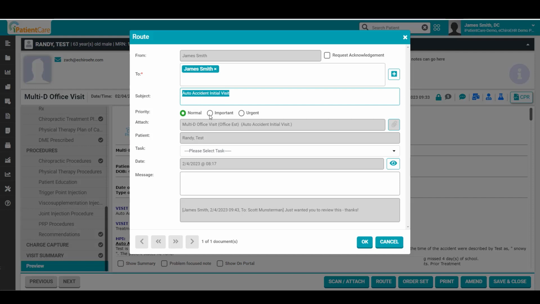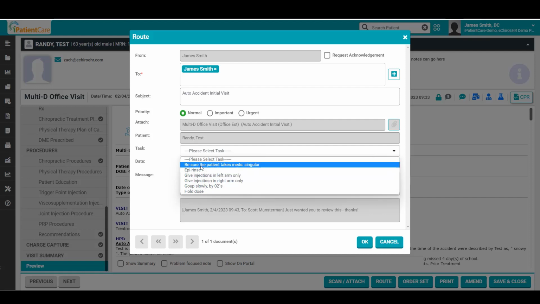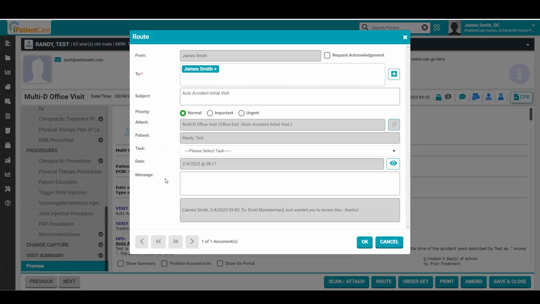We can distinguish if it's normal, important, or urgent. We can identify a specific task that we may have programmed in the system. And then finally, we can go ahead and create a message. And when we're completed, we will go ahead and click OK.